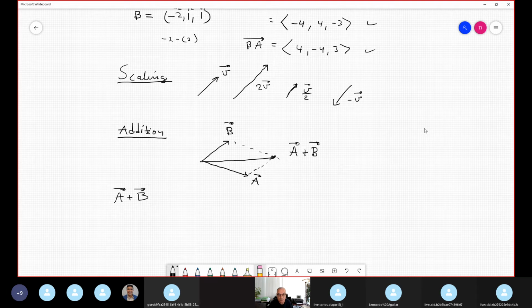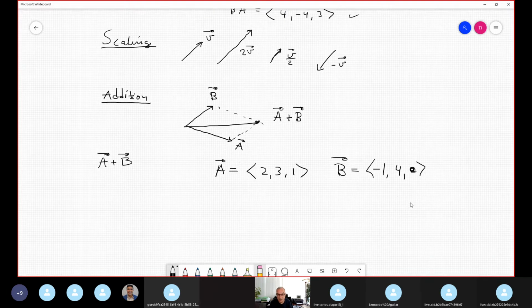Addition. Suppose algebraically that vector A is 2, 3, 1 and vector B is -1, 4, 0.